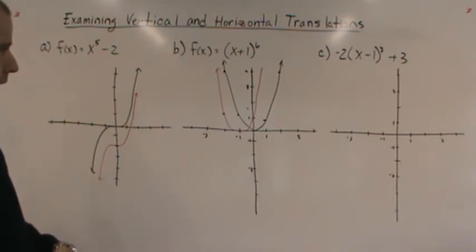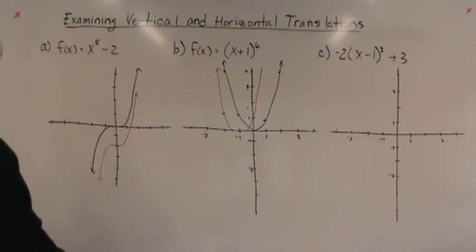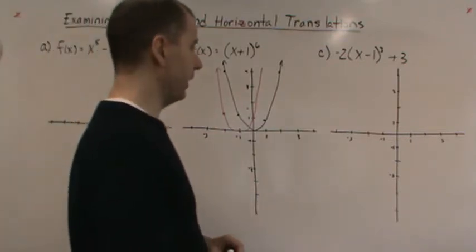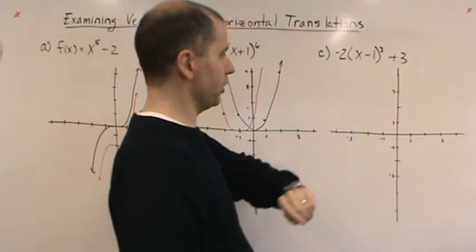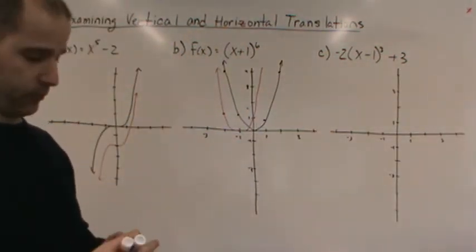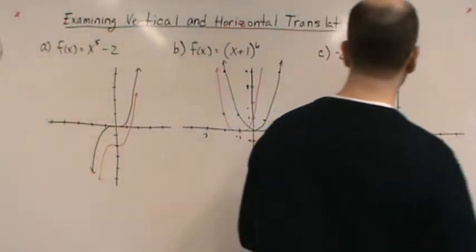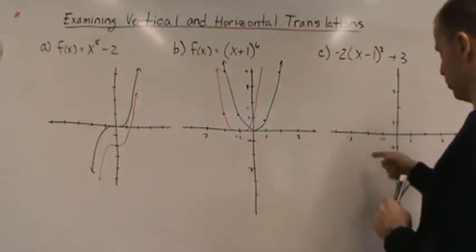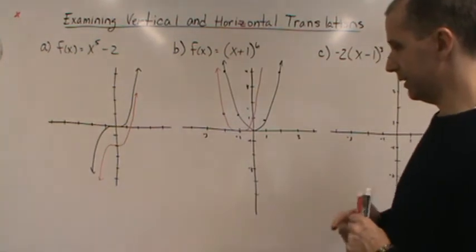Then in this one, there are a few things going on. We've got two translations, a vertical stretch, and a reflection. It's an odd degree, which means this is related to a cubing function, and we know what the cubing function looks like. So this one is not going to be flat like these.